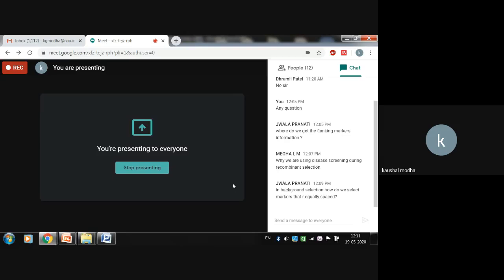A good question. And just to have that idea, you can search in Google molecular marker maps in rice. You will get many papers on saturated linkage maps in rice. If you look into those papers, there will be 12 linkage groups, and in each linkage group you will be able to identify equally spaced markers.